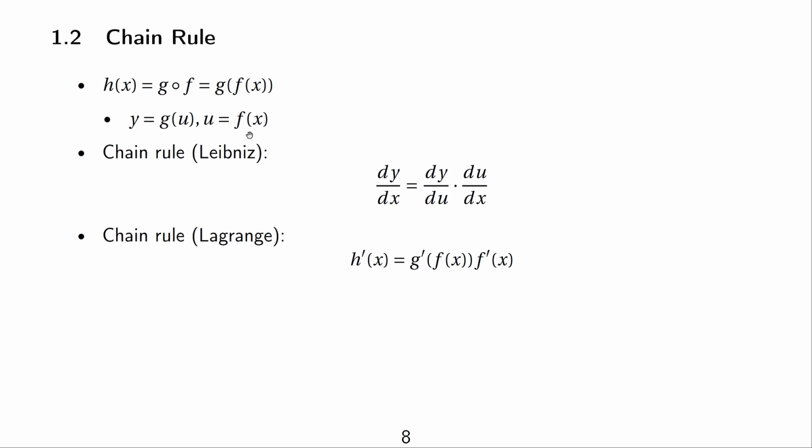So u equals f of x, and then in order to get the final result y, we have y equals g of u, where u is this intermediate output computed by f of x. The chain rule now tells us how we can compute the derivative of a function that is the composition of two, or then by repeated application, multiple nested functions.